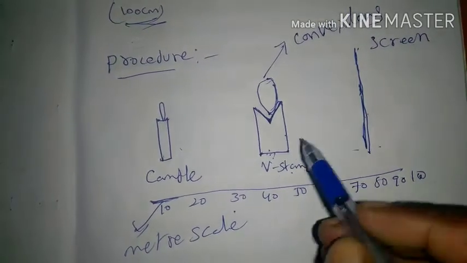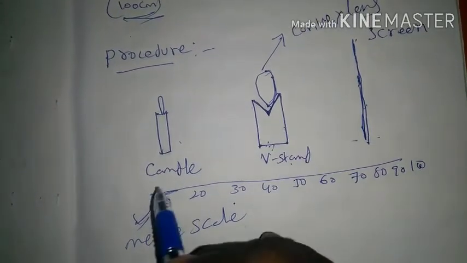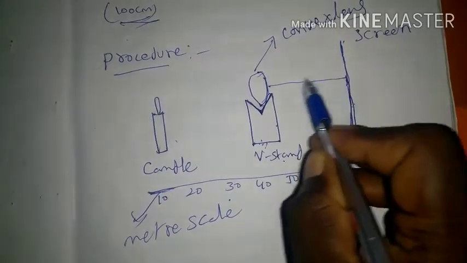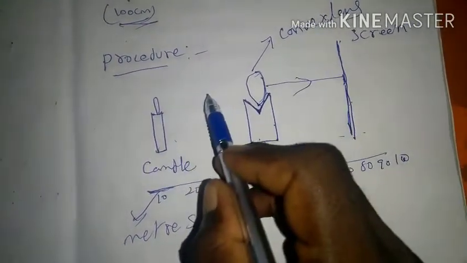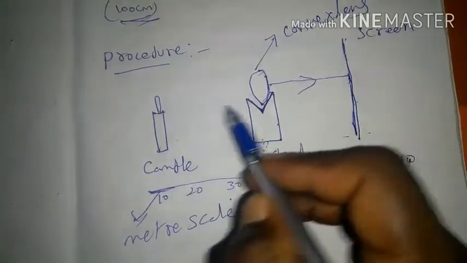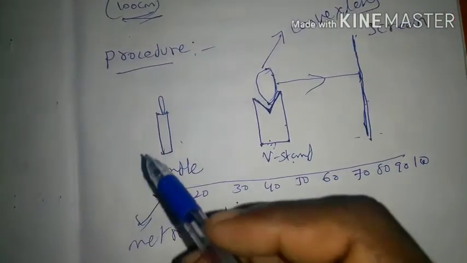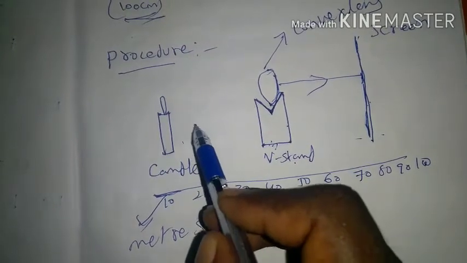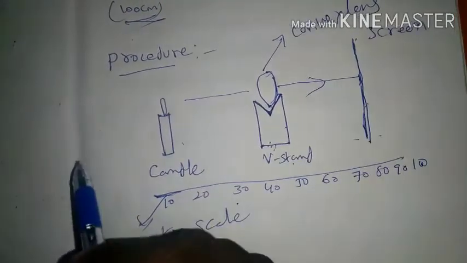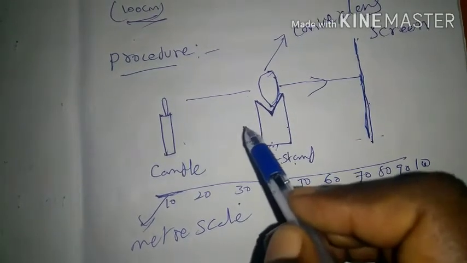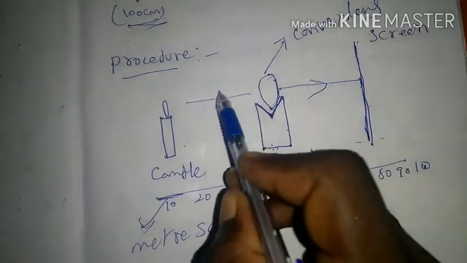After that, imagine the principal axis of the lens. Light a candle and ask your friend to take the candle far away from the lens.